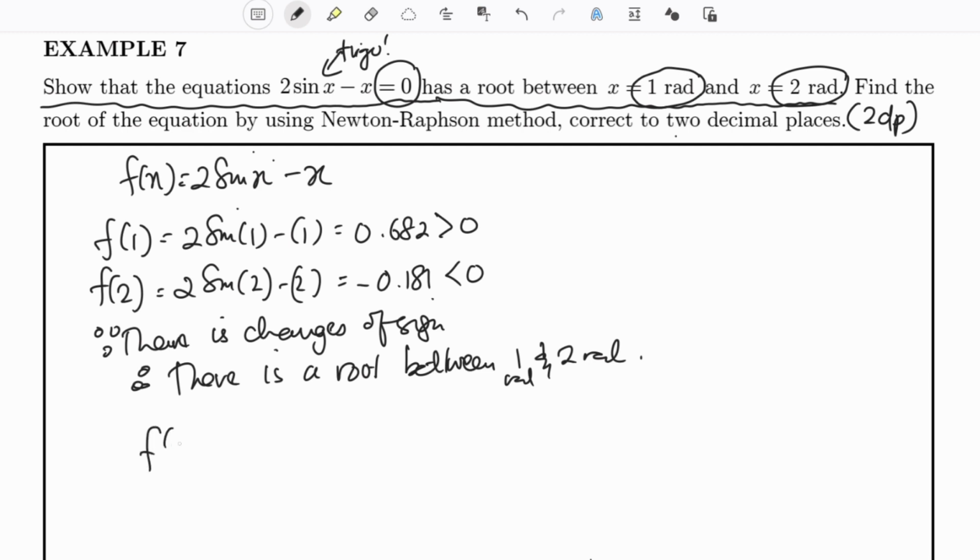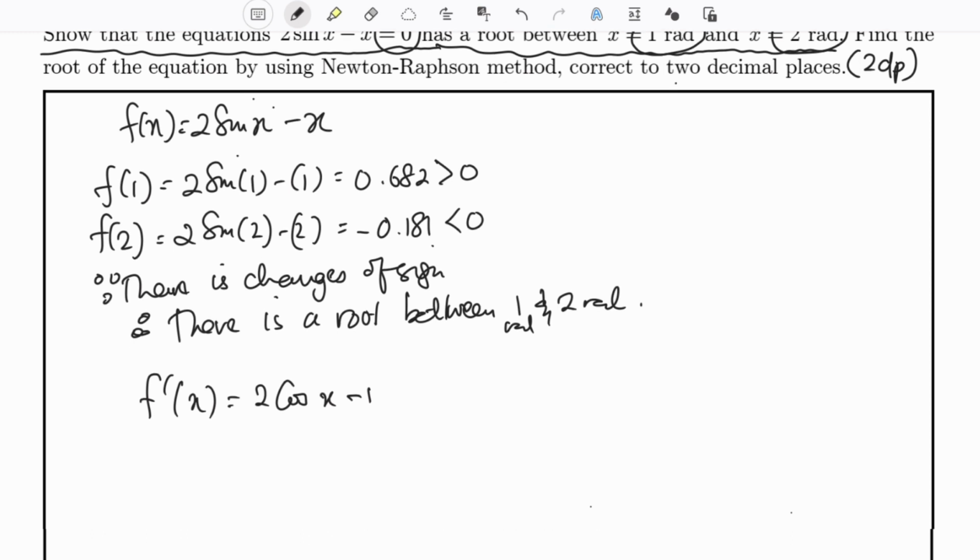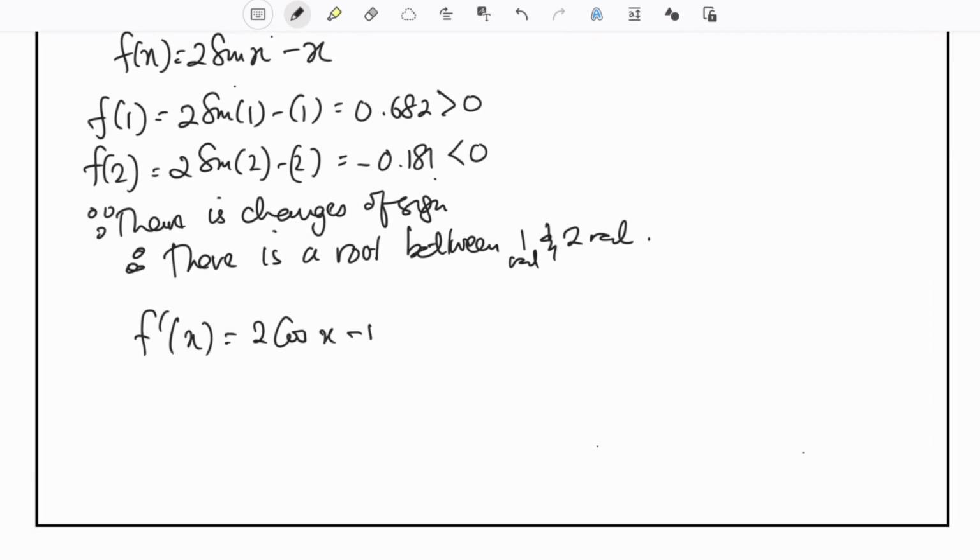Next will be Newton-Raphson. Find your f'(x). That will be 2 cos x minus 1. Choose your x0. So x0 will be (1 plus 2) divided by 2, so that will be 1.5 radian. So we're going to use x1.